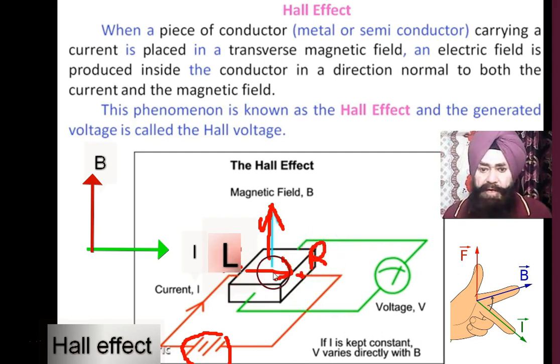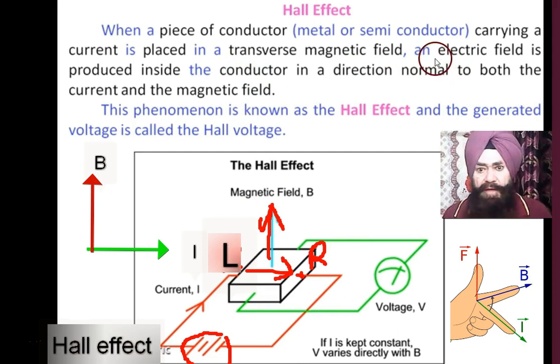That means electrons are moving from the right side to the left side, and the magnetic field is acting perpendicular to this metal strip. Then what will happen?